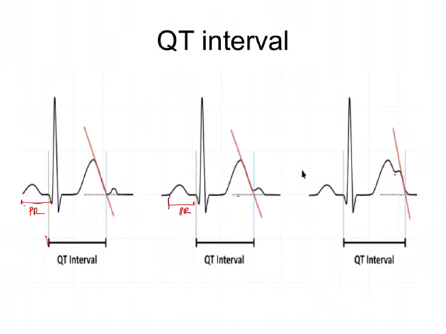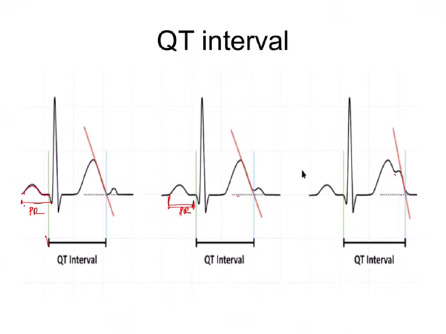Similarly, we can see the PR interval. The PR interval is from the beginning of the P wave to the beginning of the QRS complex. So what are intervals? Intervals are anything which have one wave and one isoelectric segment.